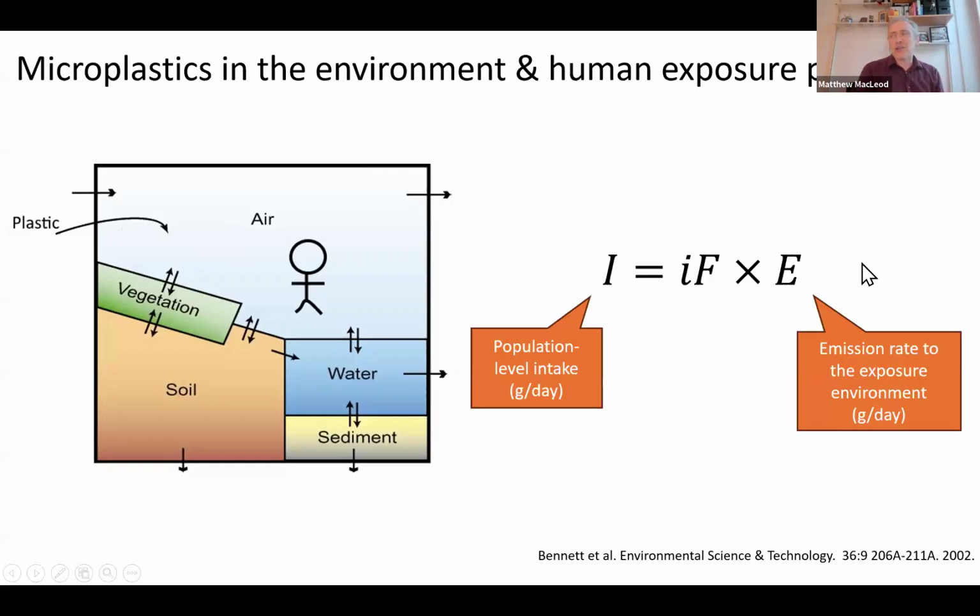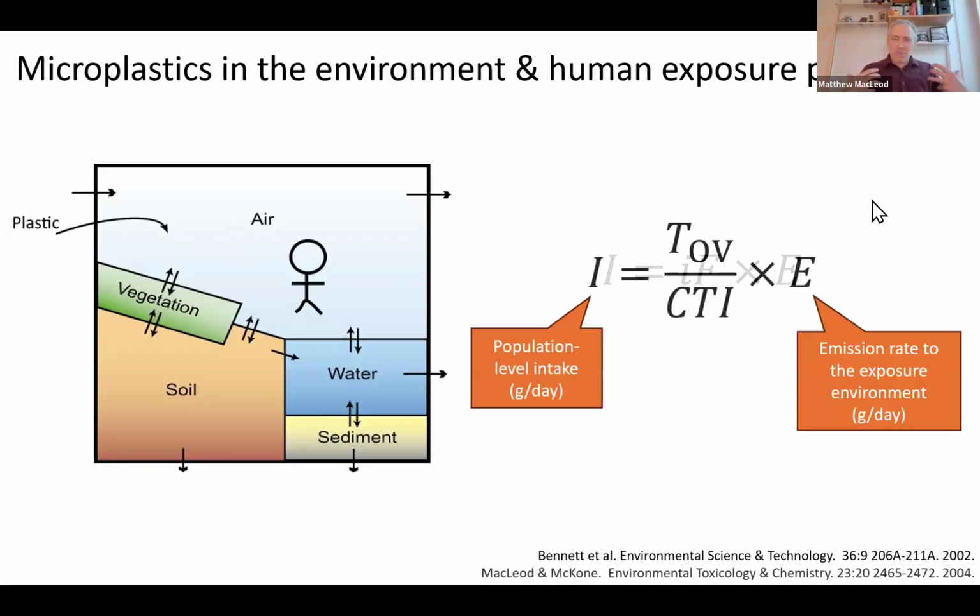And I think that's the first thing that Tracy has also been saying, that emissions, the total amount of plastic that we're putting out into the environment, is something that we have to consider when we think about total population intake. But what's this proportionality constant? They called this the intake fraction.